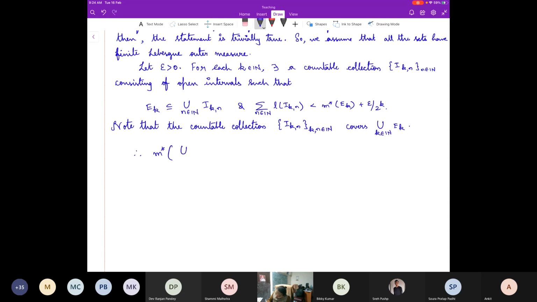m star of the union is less than or equal to the summation over k, summation over n, of the length of Ikn. But each of these, the summation over n of the length of Ikn, is less than m star of Ek plus epsilon upon 2 raised to the power k.